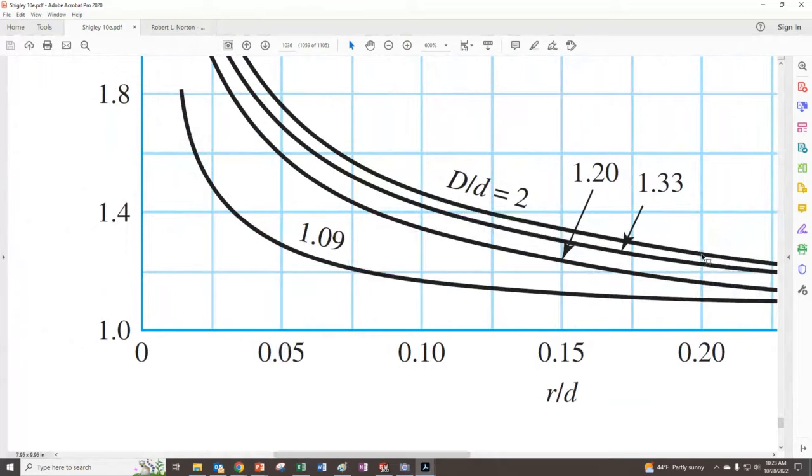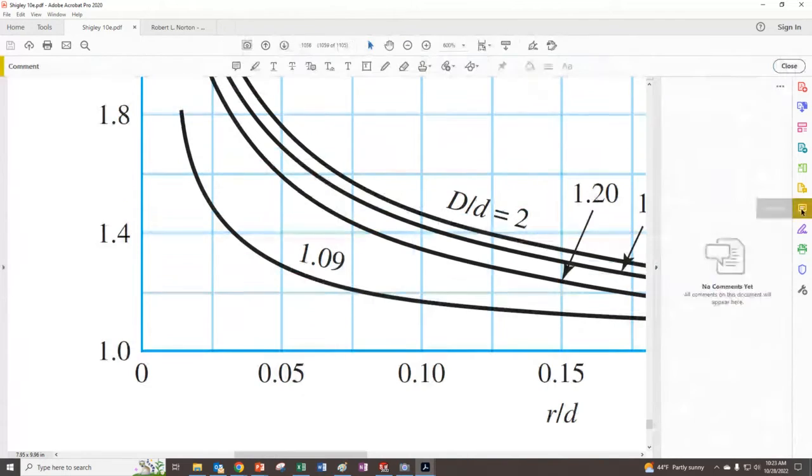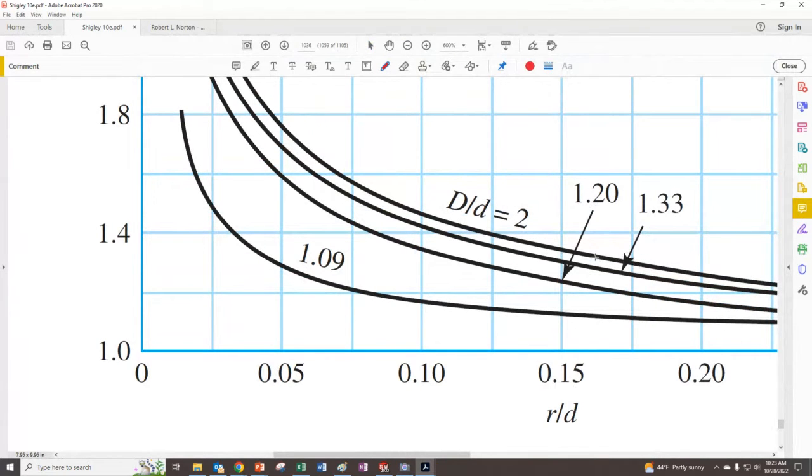We see that 0.2 is going to be under, okay, so right here is 3. Let me put in my little comments on top of this. 0.2 is right here, right?